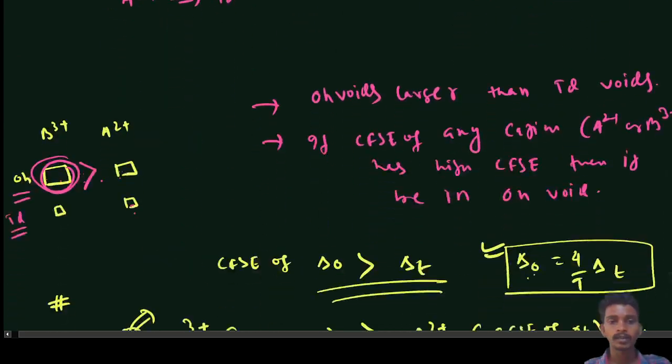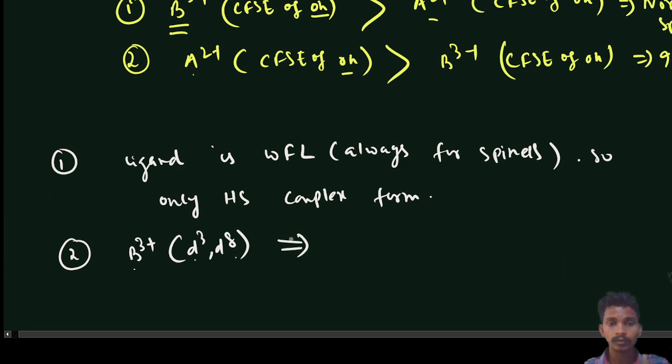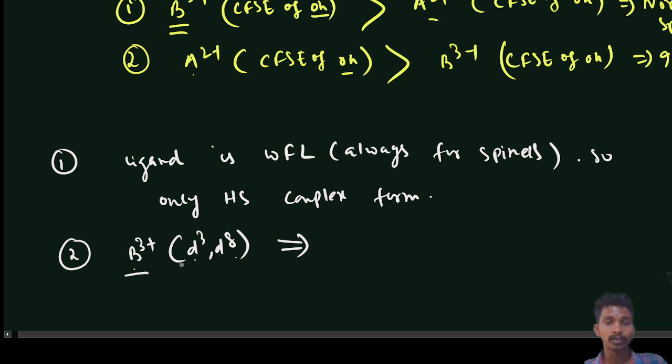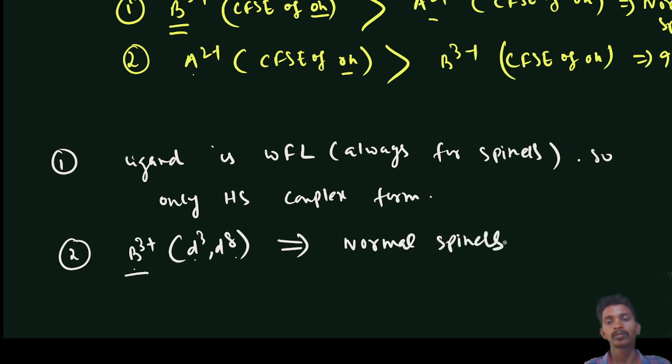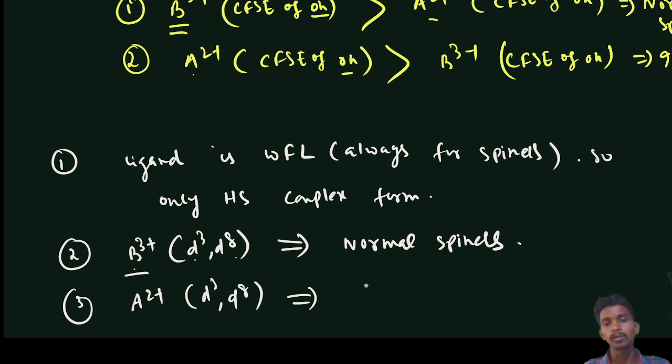So if B3+ has the configuration of D3 or D8, it may have any other configuration too, but if B3+ has this configuration, this is always a normal spinel. Okay, and third case, if A2+ has the configurations D3 and D8, then that is always going to be an inverse spinel.